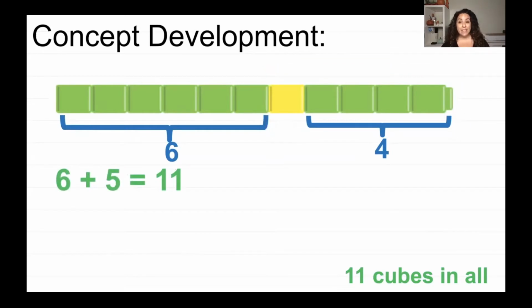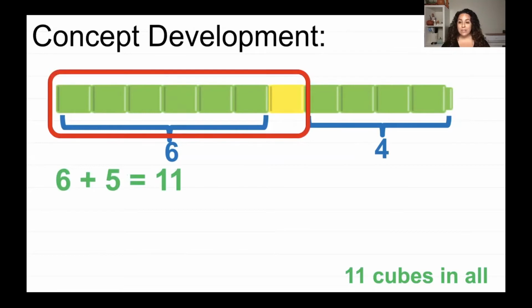But what if I take that away and I decide to go around this side? Well, I can say that 6 and 1 more is 7. So this number sentence would be 7 and 4 more equals 11.